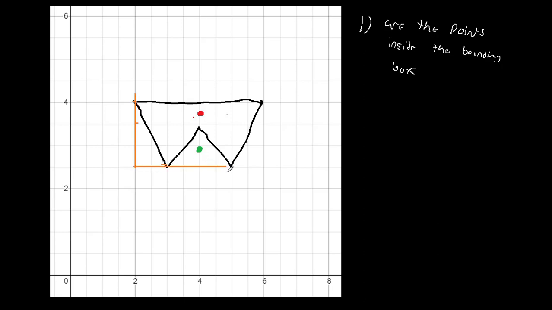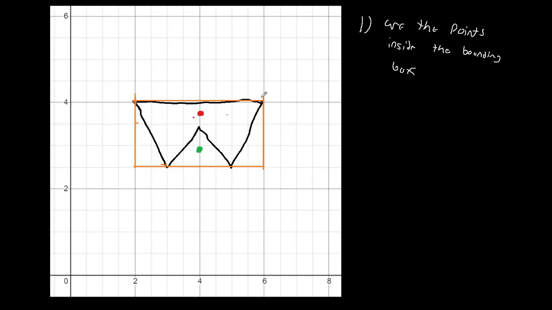And this is our y min horizontal. We're going to do the same thing for the highest x value and the highest y value. All right, so this orange rectangle, this is our bounding box. And so are these points inside of the bounding box? Yes, they are, which means that we would indeed have to continue.